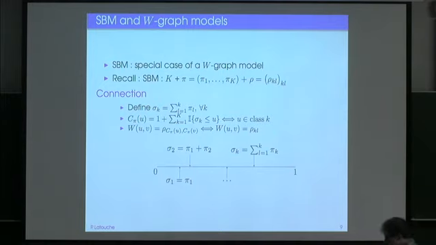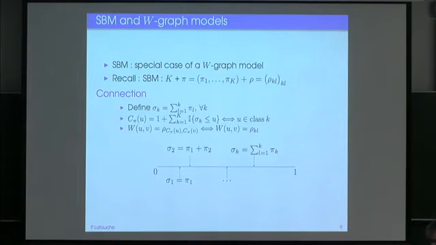Because you're sampling from a continuous uniform distribution over [0,1], the probability of being here is exactly the size of the interval, so pi 1, which is the probability of being in cluster 1. Then the probability of being here is exactly pi 2, the probability of being in cluster 2, and so on and so on. So with this discretization, the sampling scheme is exactly the same as a stochastic block model.